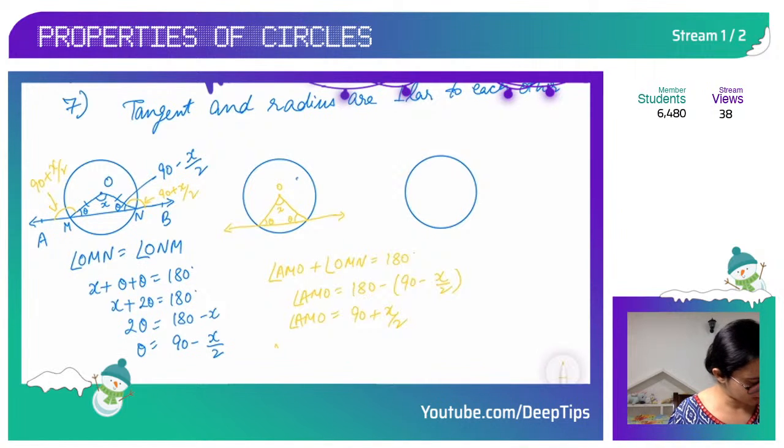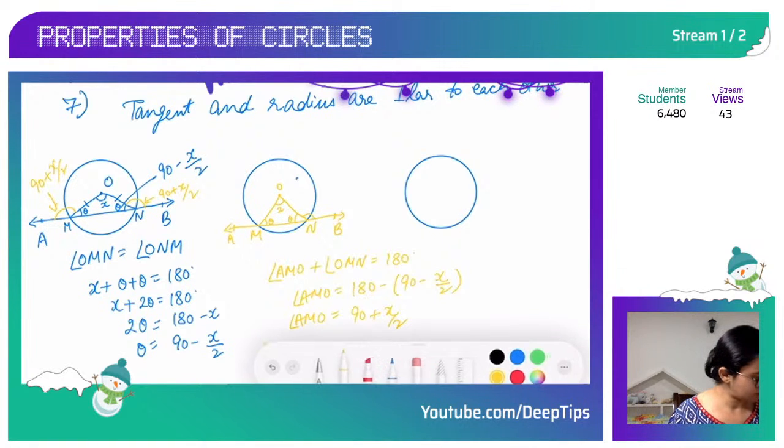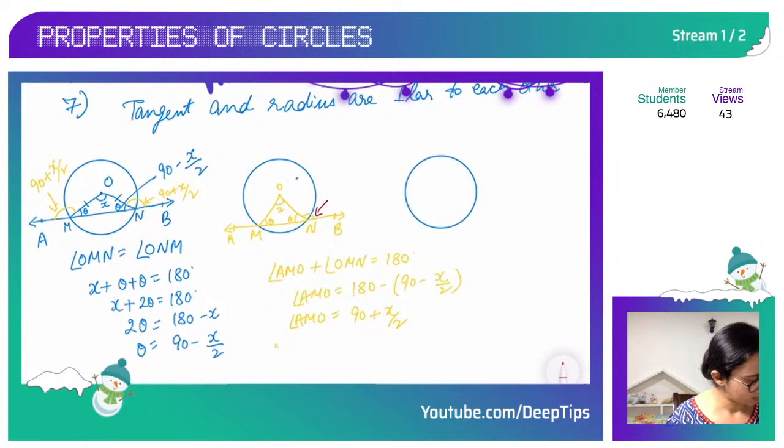Everything else remains the same. So what do you think? Does the value of my angles change, in terms of variables? This will remain the same. Everything here, like how I calculated earlier, will remain the same. 90 plus X by 2, right? And the inner part is 90 minus X by 2.